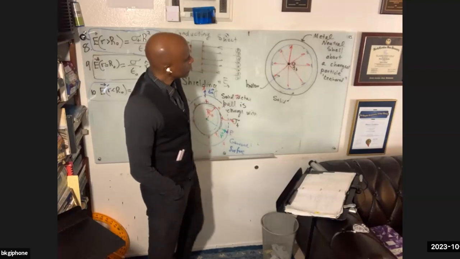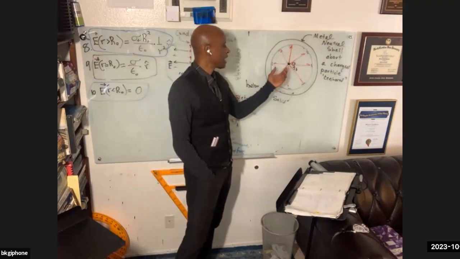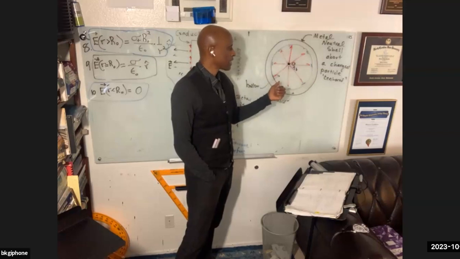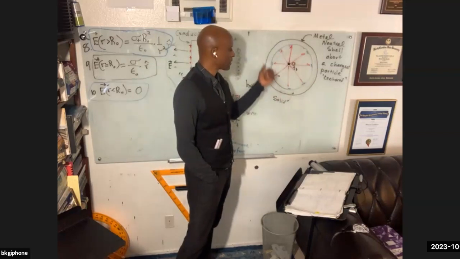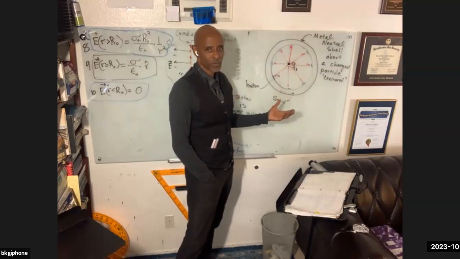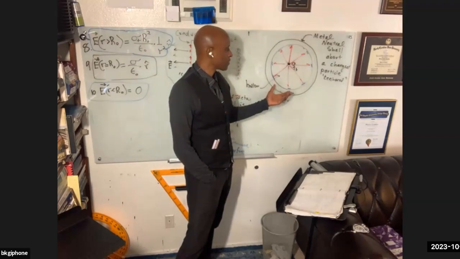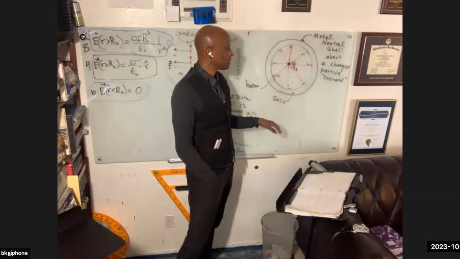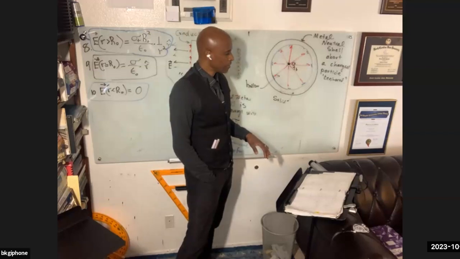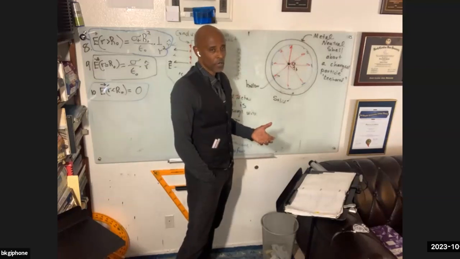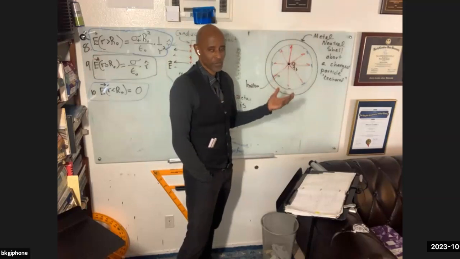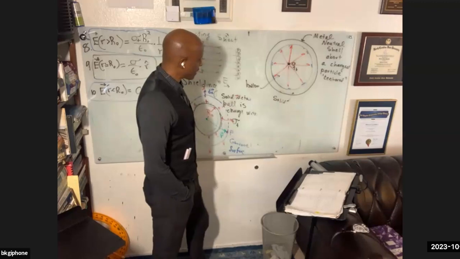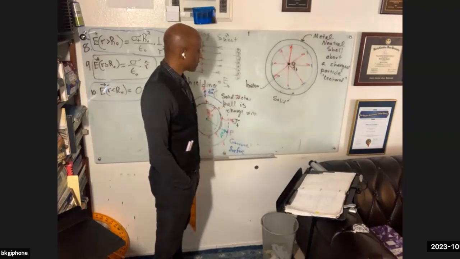But again, if it's neutral and you have charge pop to the surface and act like excess charge and nothing happens on the outside, then it looks like it's not neutral, right? It looks like you've got excess charge on the inside and none on the outside. So now somehow magically this neutral conductor became charged. It would be a violation of conservation of energy.